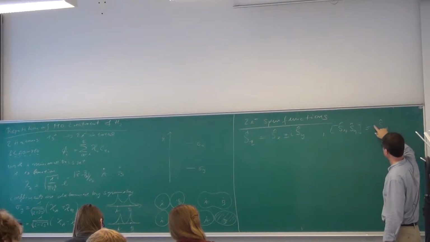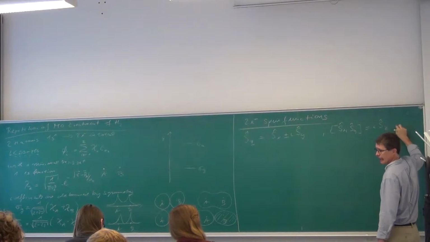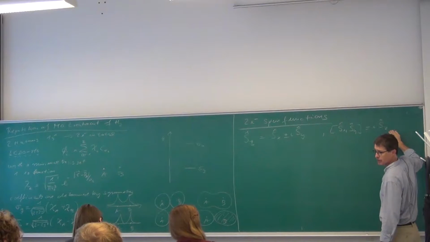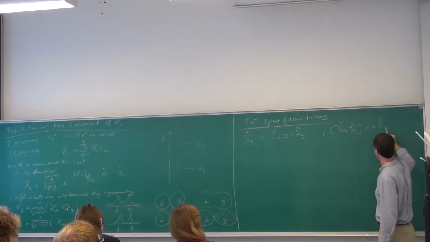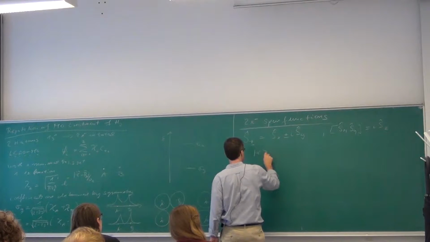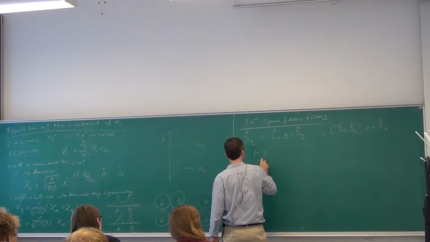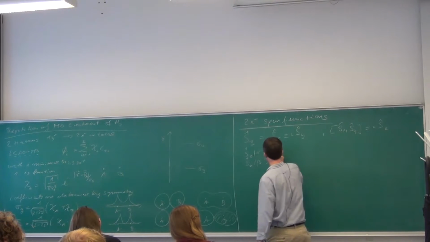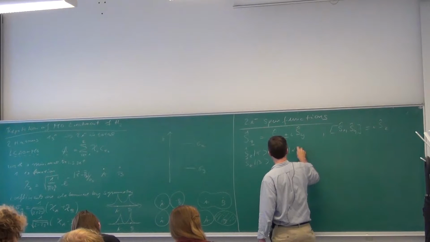Which means that because we normally choose Sz as the operator, we choose the eigenfunctions of Sz as our spin functions. Those spin functions are alpha and beta, and if you let Sz act on them, since they are eigenfunctions, you obviously get them back.